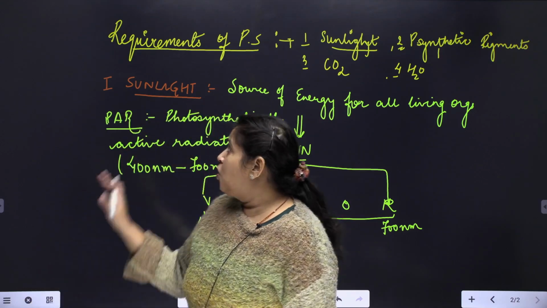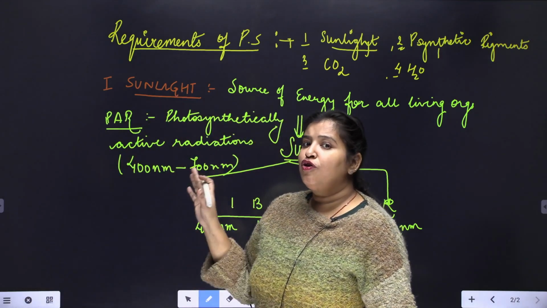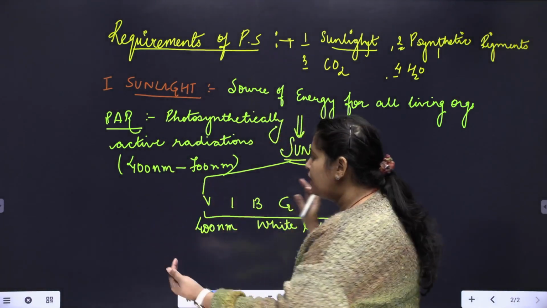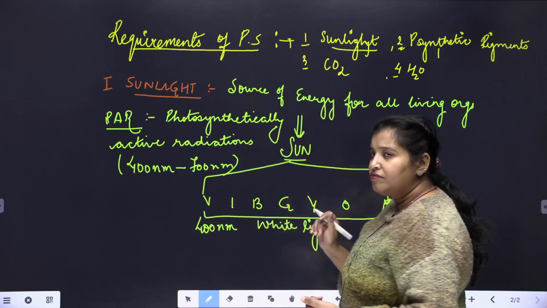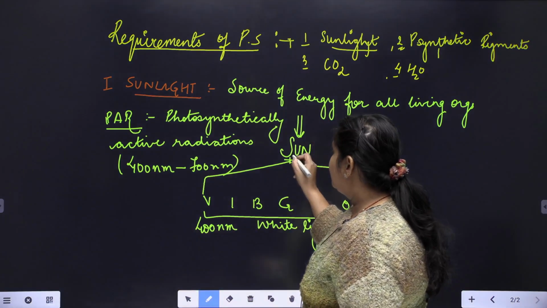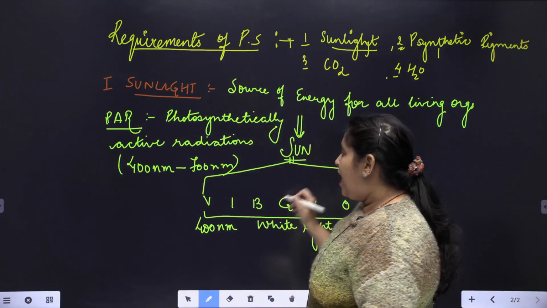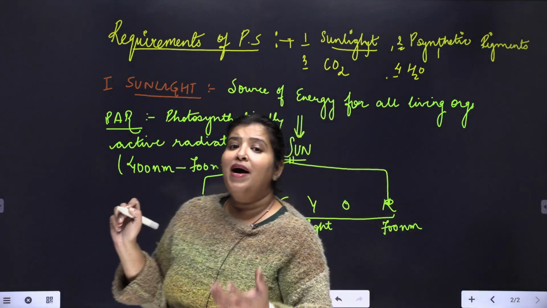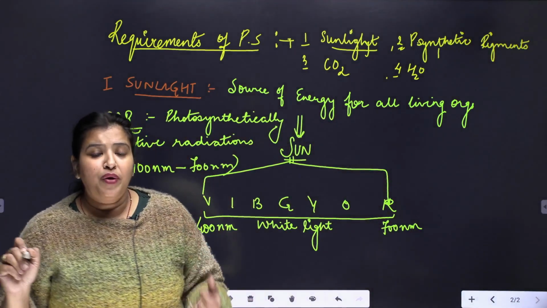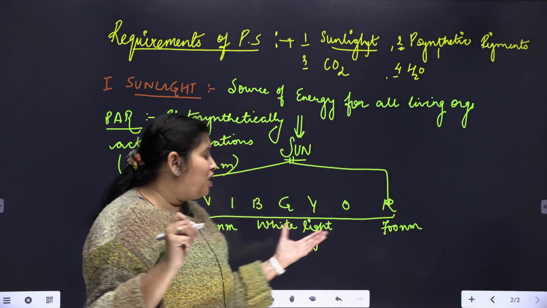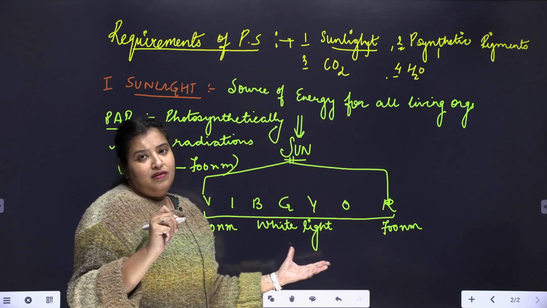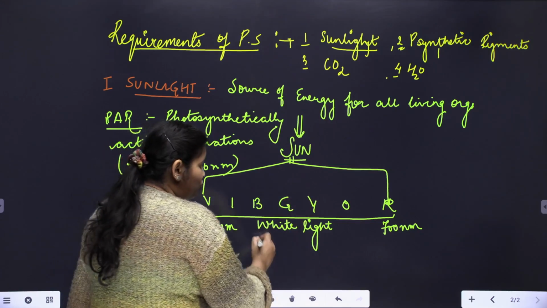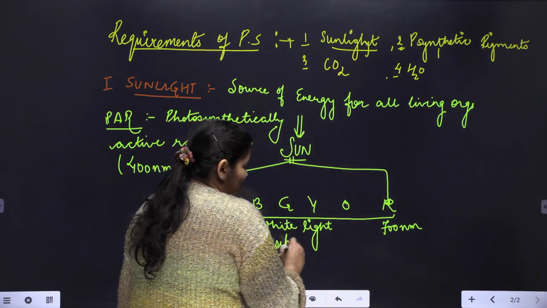All right. So, the sun is the ultimate source of light for all of us on the earth. And plants can use only this small segment of the sun's spectrum. And you know what the sun spectrum is known as? That is known as the electromagnetic spectrum, out of which plants can use only this part of the sunlight, which is the white light, which is the visible light.